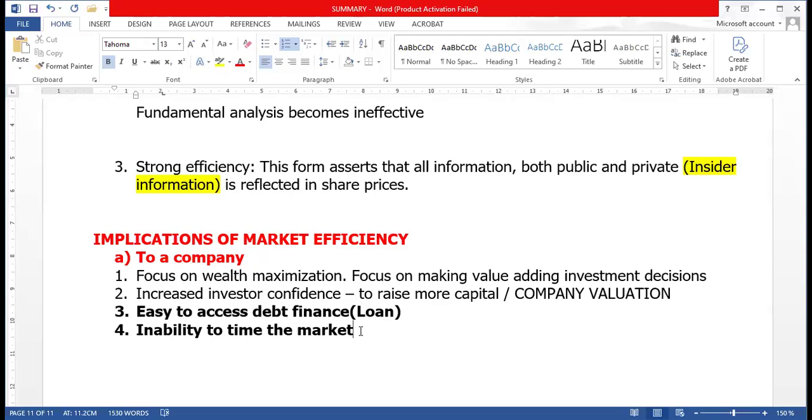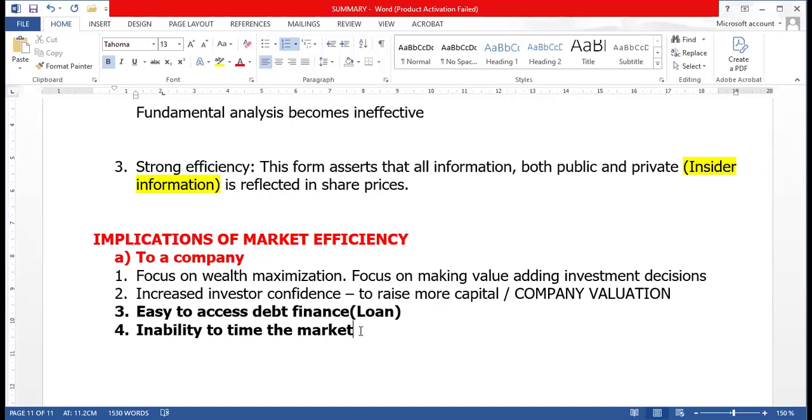Those things of first saying, let me first wait, at a particular date. Remember, we are saying that here, the future price is already reflected in the price you're going to state or quote. So it will be hard for you to time when you can issue this. It can indirectly affect you.